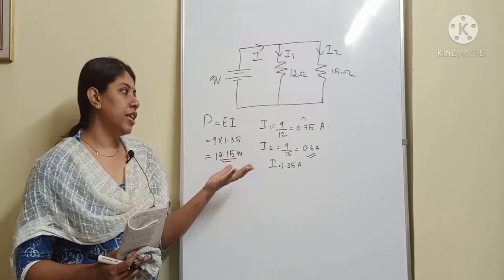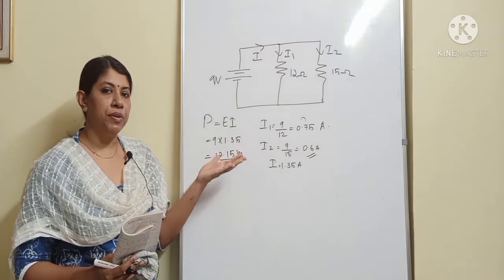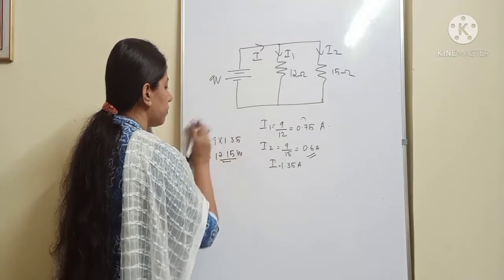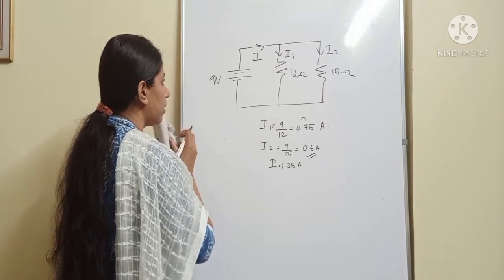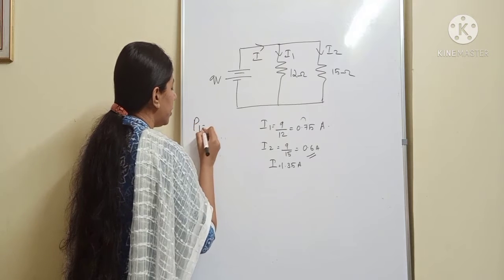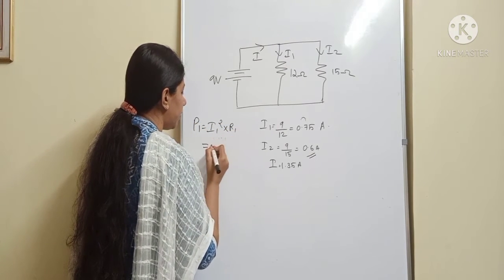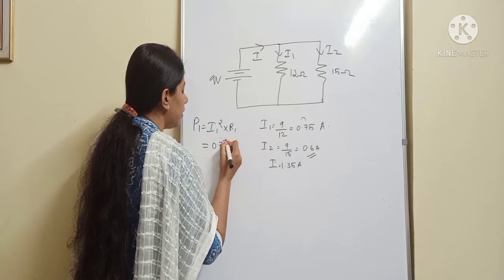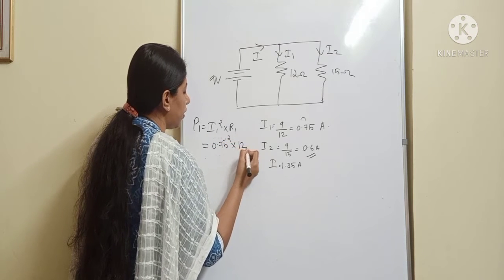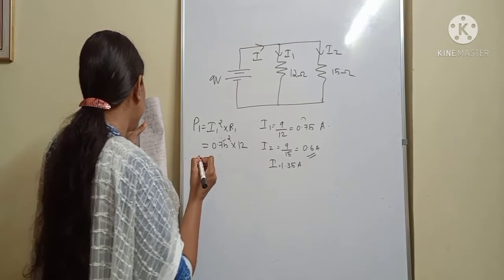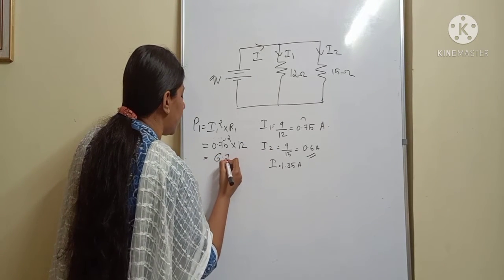Now we will see how we can calculate the total power by calculating the individual powers. We know that P1 is equal to I1 squared into R1. What is the value of I1 here? 0.75 squared into the value of R1, which is 12, and this will be approximately equal to 6.75.